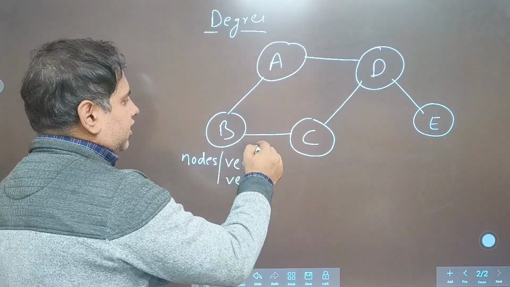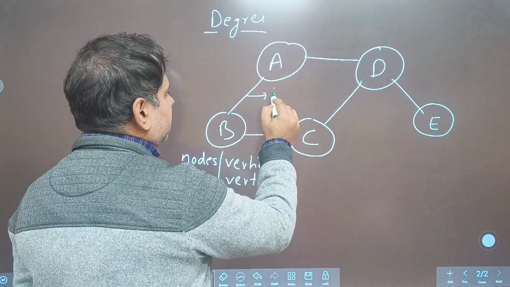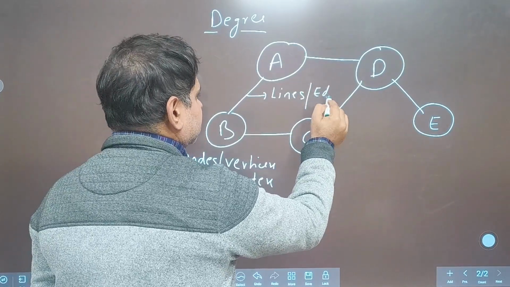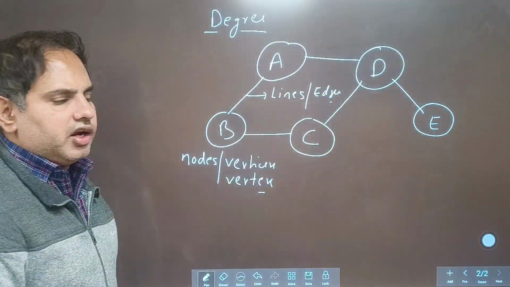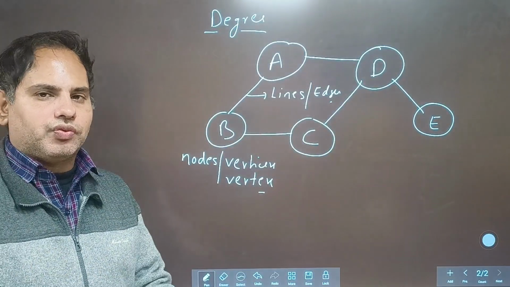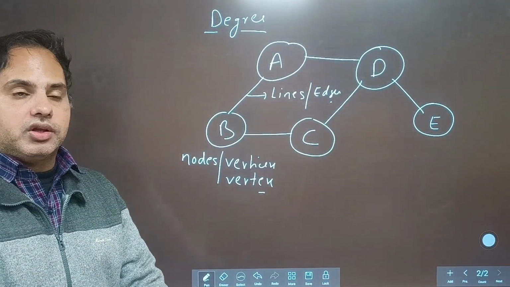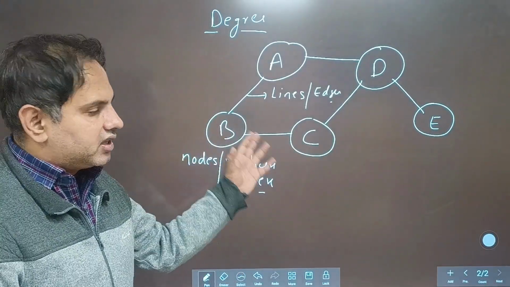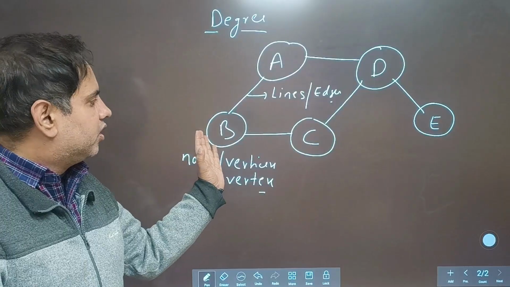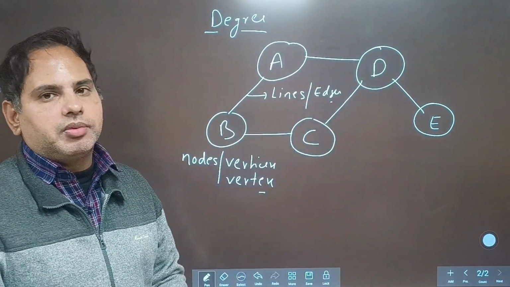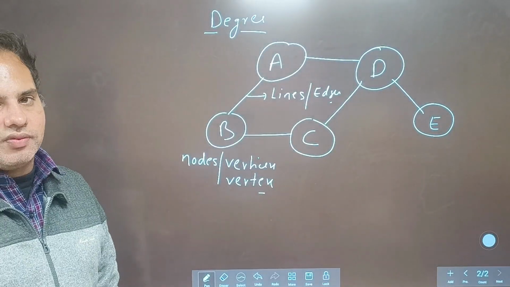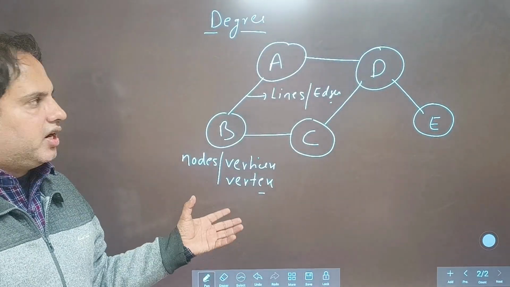And the lines connecting these nodes we call edges. I also told you there are many types of networks. One type depends upon directions: if you are giving directions, whether A is moving towards B, or B to C and then D, we call that a directed graph. This graph is an undirected graph, meaning there are no directions.